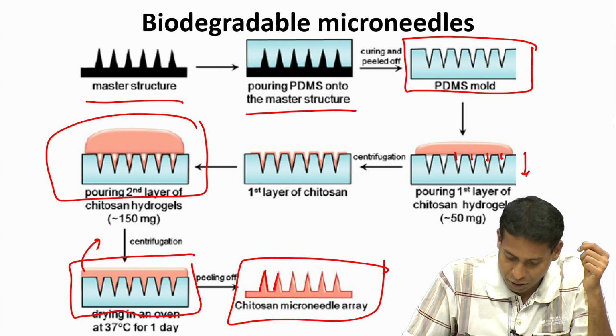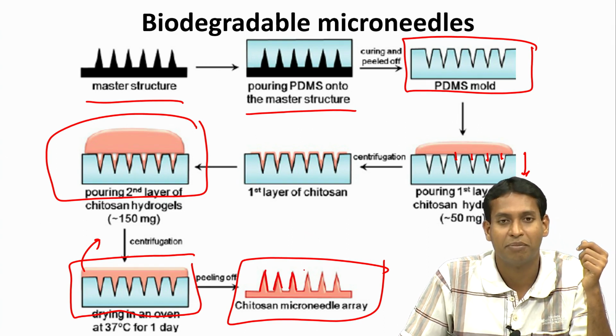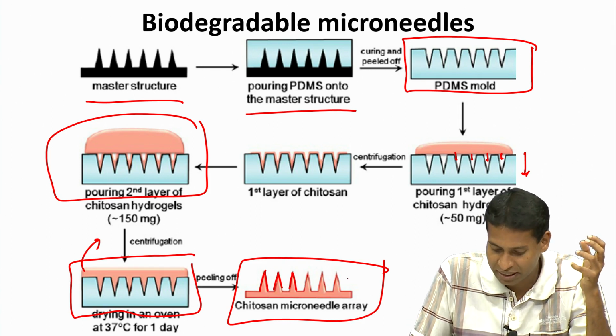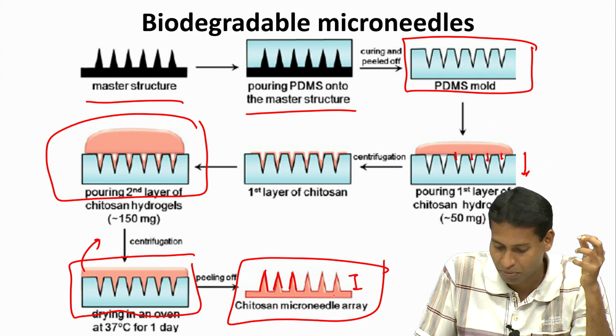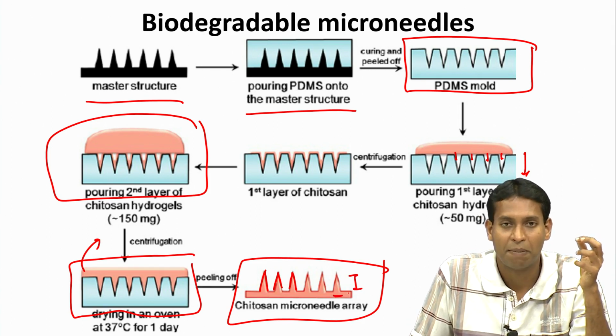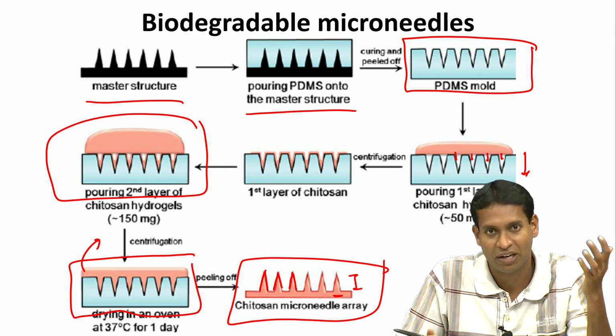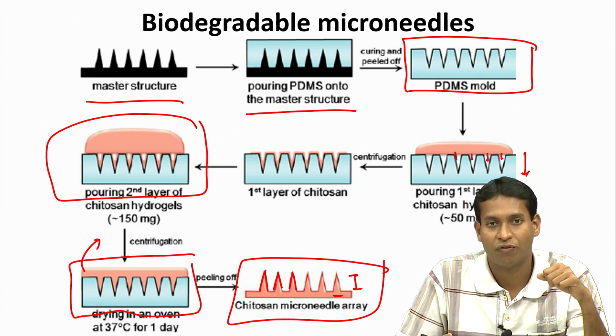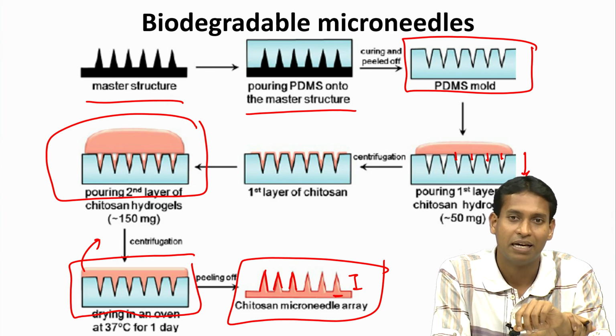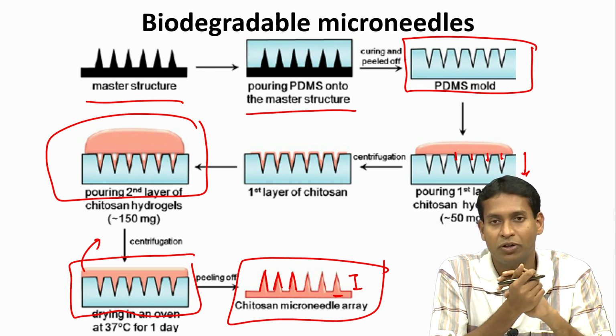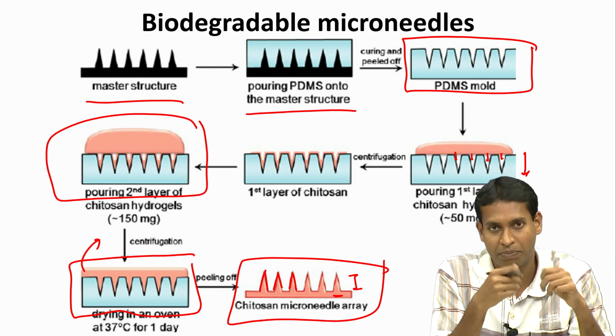Even though you may think that polymers may not be structurally strong, because they are such a small structure and they have a strong base, for applications of microneedles they are fairly strong for them to penetrate the skin and not just break off.